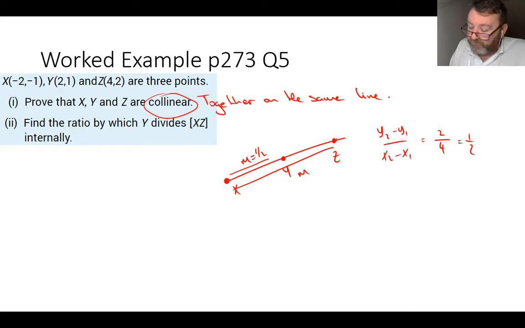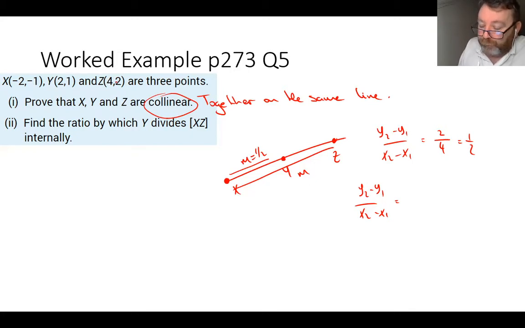If the slope between x and z is a half, then z has to be on the same line as x and y, because it's the only way that they can have the same slope as xy. So let's see what happens. So we've got x and y this time. So y2 again, y2 minus y1 over x2 minus x1. But this time you're using z and x. So y2 minus y1.